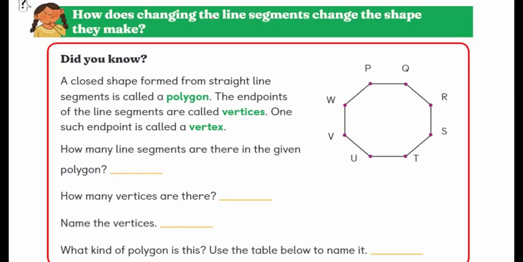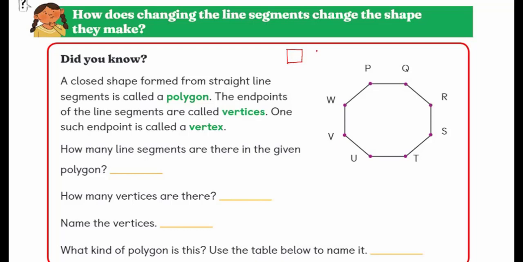How does changing the line segments change the shape they make? There is a question, children. For example, we have 4 line segments of equal length. We get a square.